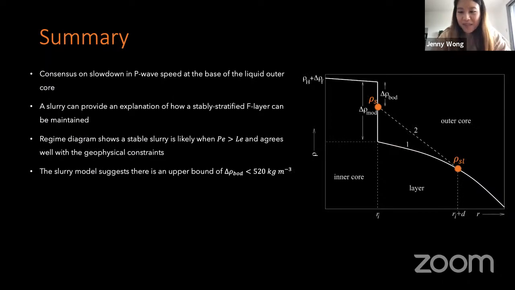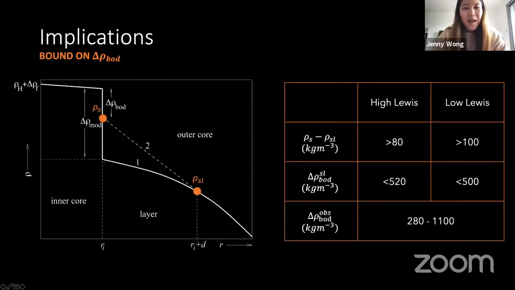I have too many animations, so it's got lost. Here's the table, here we go. The values that I get for this particular observation don't really change the bounds much. There's a difference of about 20. So in terms of the influence of the thermal conductivity in this regard, there's not really much.